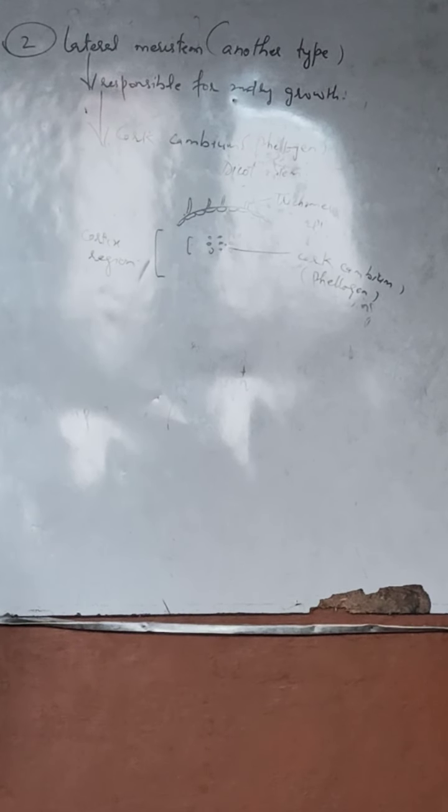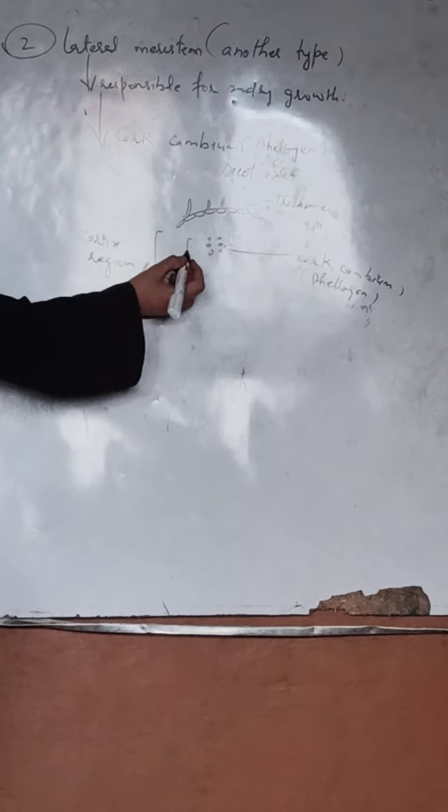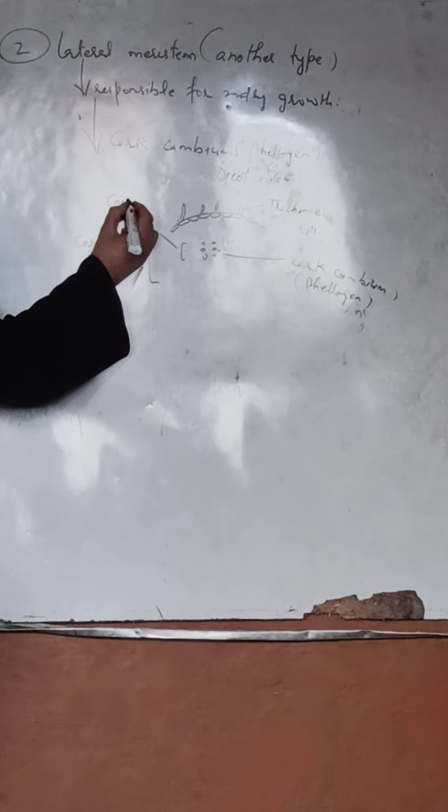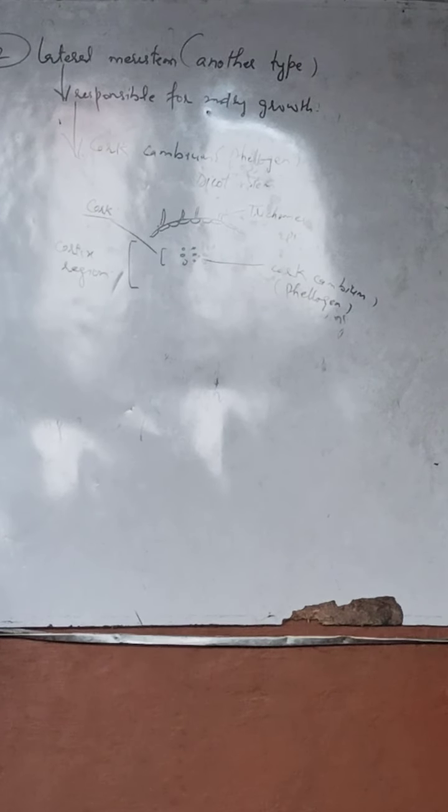when they differentiate towards the outermost layer, it forms the structure which we call cork. When cork cambium differentiates towards the outer side, cork is formed.